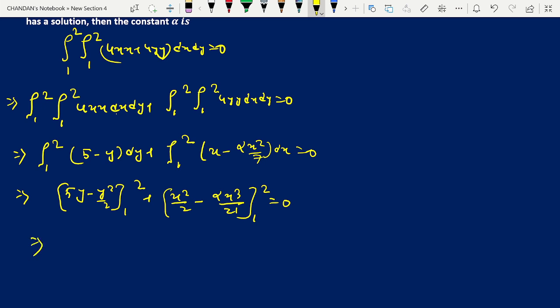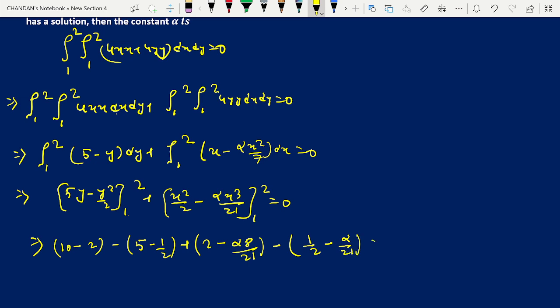Then we put the upper limit first: 5 into 2 is 10 minus 2 squared by 2, that is 2, minus the value at y equals 1, that is 5 minus 1 by 2, plus the upper limit value 2 squared by 2, that is 2, minus alpha x cubed, which gives 8 alpha by 21, minus the value at 1, which is 1 by 2 minus alpha by 21, is equal to 0.